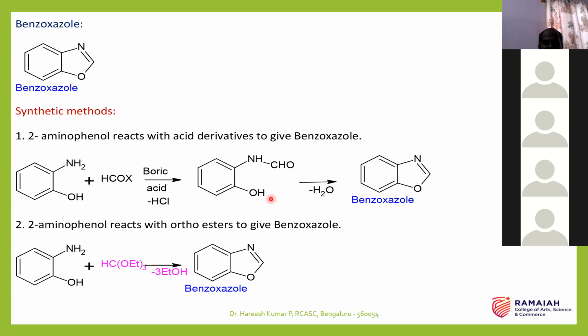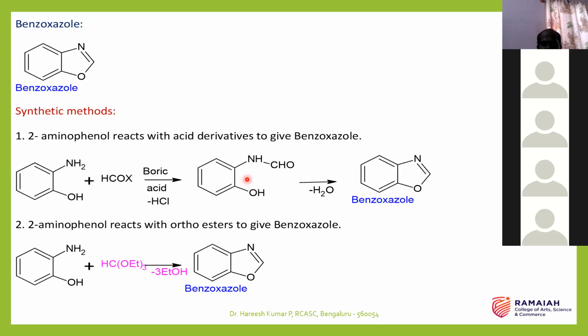Then what is the name of this compound? You know that this is the nitrogen, and this group is called formyl. So N-formyl aminophenol is the name of this compound.